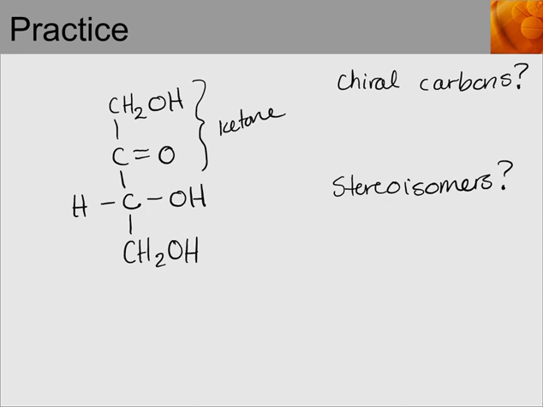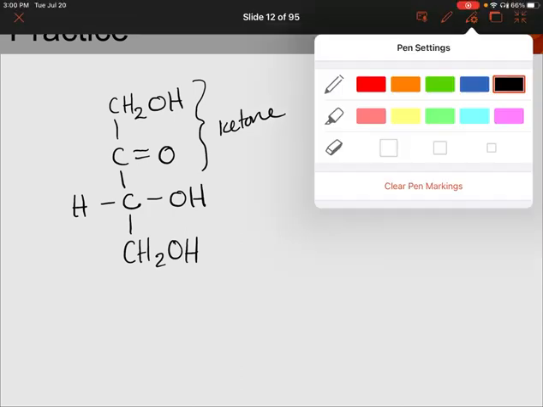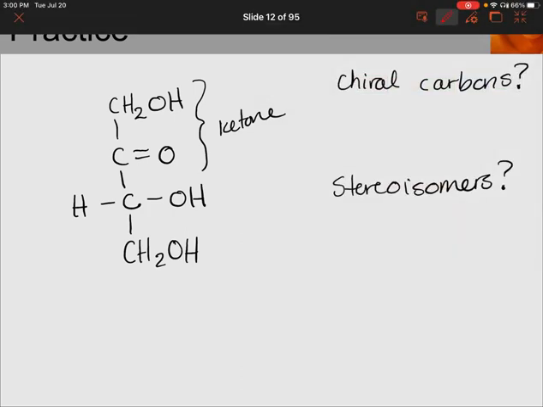Okay, so let's start by counting all of our carbons. So let's see, at the top we've got 1, then 2, 3, and 4. Okay, so let's look at carbon 1. Is that a chiral carbon? No, it's bonded to 2 hydrogens. So that is not chiral.